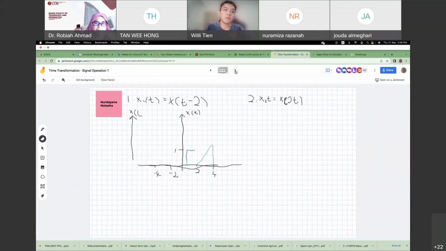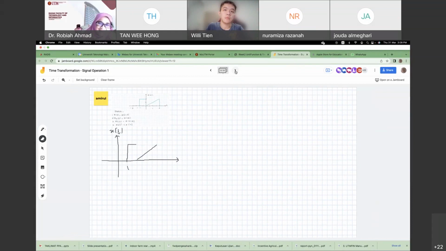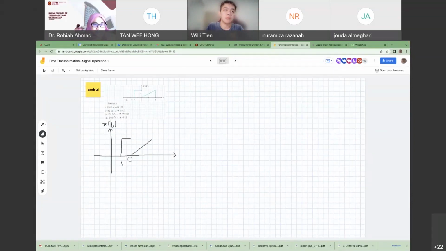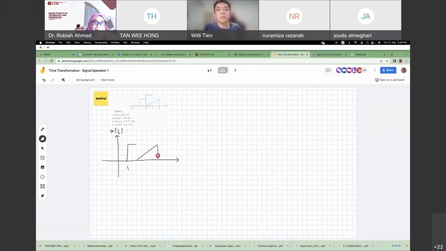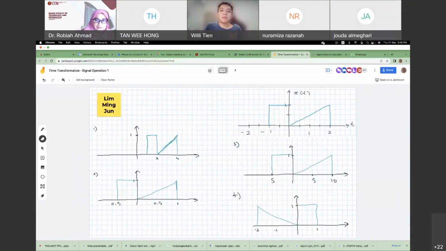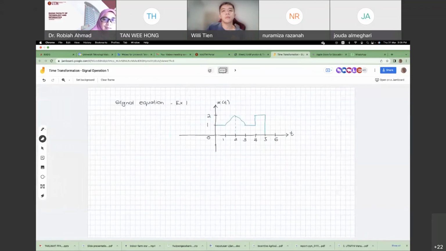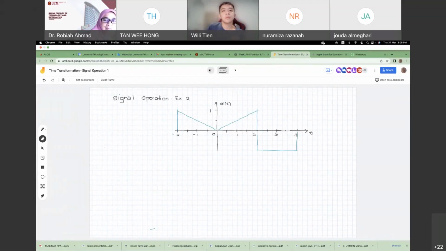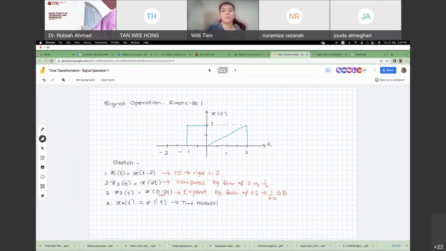Okay, Amirul, tandakan ni kenapa putus-putus ni? Dia okay, saya punya gambar lah kot tak betul ni sebab ramai buat putus ni. Okay, macam ni. Tukar dia. Itulah biru dia ni.